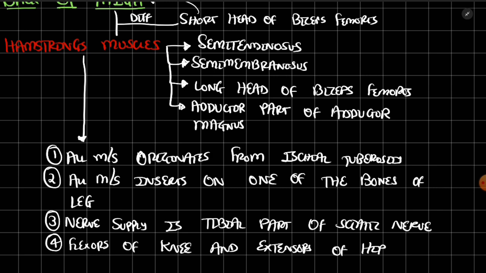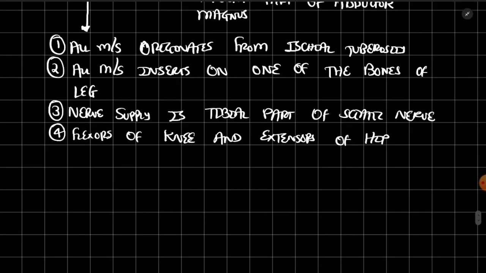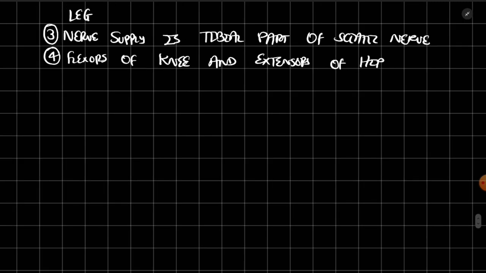Now these four characteristics of hamstring muscles are very important. Okay, one diagram is very important when we discuss the hamstring muscles. The diagram is of the ischial tuberosity, which shows the attachment of the hamstring muscles on the ischial tuberosity.